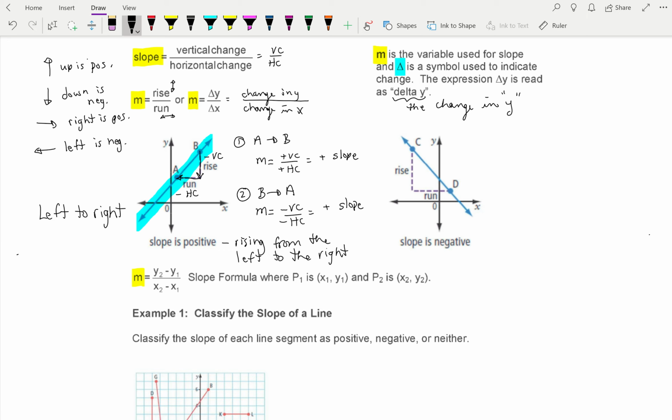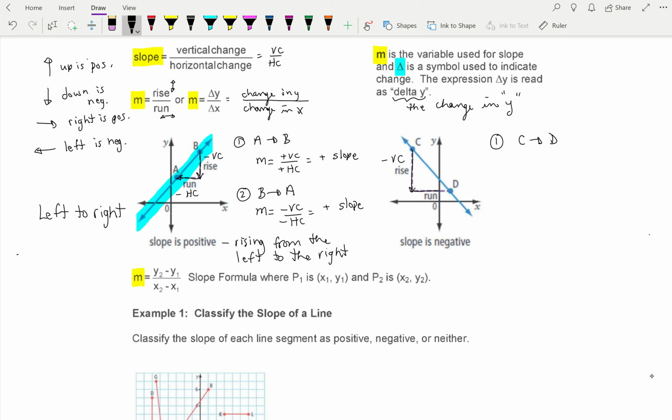Okay. All right, so let's take a look at our second diagram, which is a negative slope. We're going to do the same thing we did on the first one. We're first going to go from C to D. So we start at point C, we're moving down. Okay, that's a negative vertical change, right? Going down is negative.